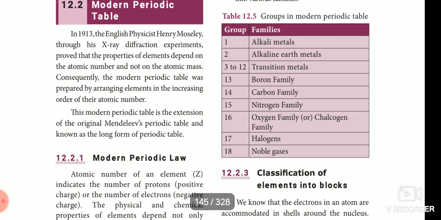Then the boron family, carbon family, nitrogen family, oxygen or chalcogen family, halogen family and noble gases family are called P block elements. Then the lanthanide series and actinide series at the bottom are called F block elements. So this is the classification of elements.